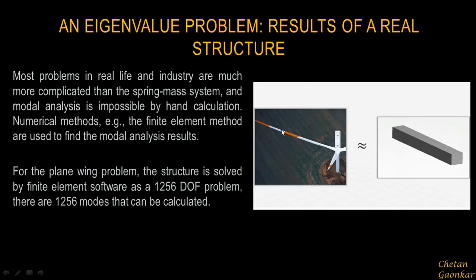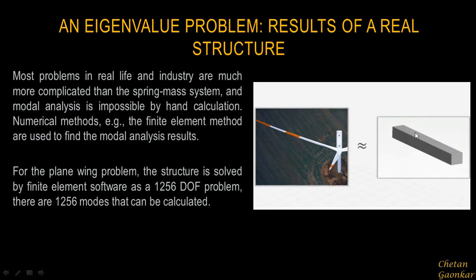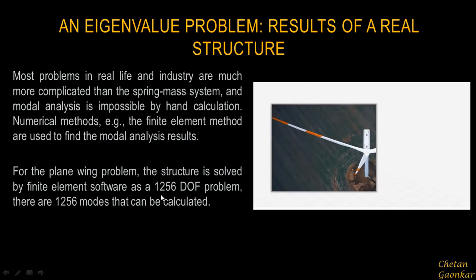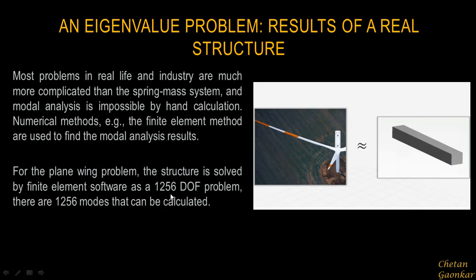For example, for this particular wing, we can idealize it as a cantilever beam, and then we can use any finite element software. We can discretize this geometry and convert it from infinite degrees of freedom to around, in this case, 1256 degrees of freedom.